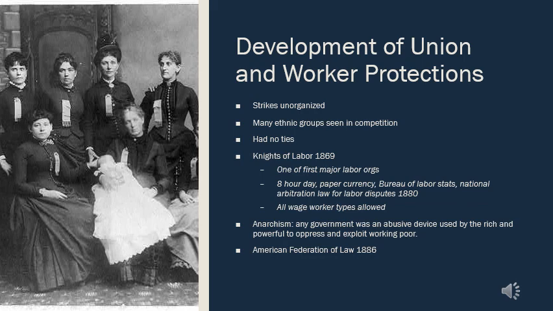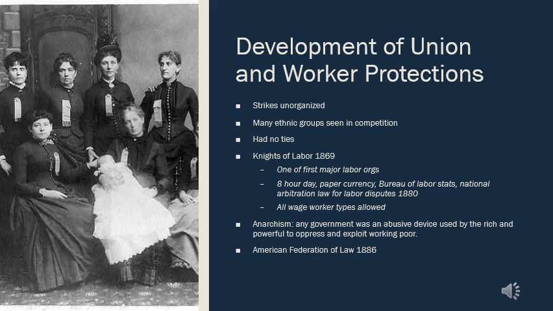And they advocated and were successful in getting a national arbitration law for labor disputes, which allowed individuals who had legal qualms with their employers to actually sue them. Before, you couldn't do that. It was illegal. They allowed all wage workers to be joined into the union, and interestingly enough, they allowed women as well, and that's what that picture over on your left shows.